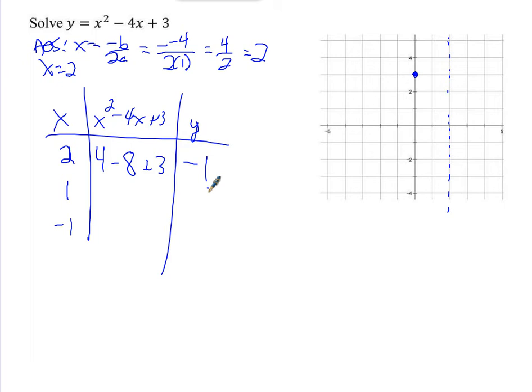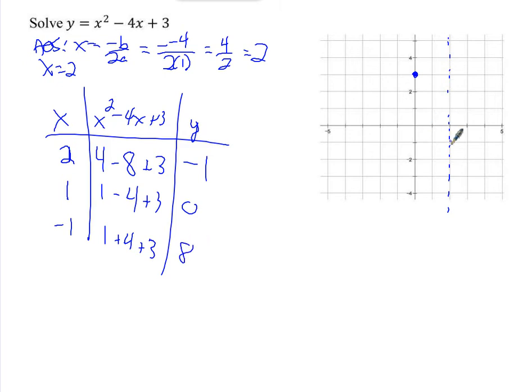Okay, plug in 1. 1 minus 4 plus 3. 0. Good. And then plug in negative 1. That's 1, plus 4, because negative 4 times negative 1 is plus 4, then plus 3. That is 8. Good. All right, so we have 2, negative 1.